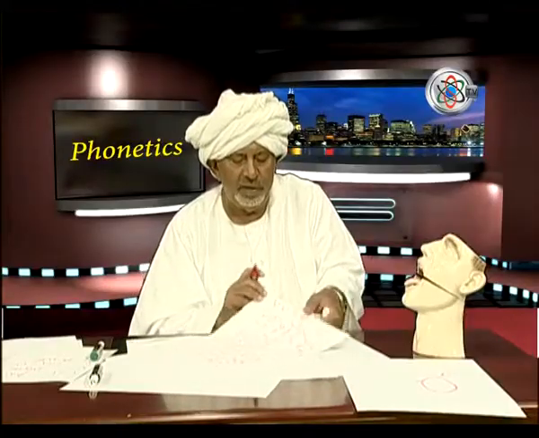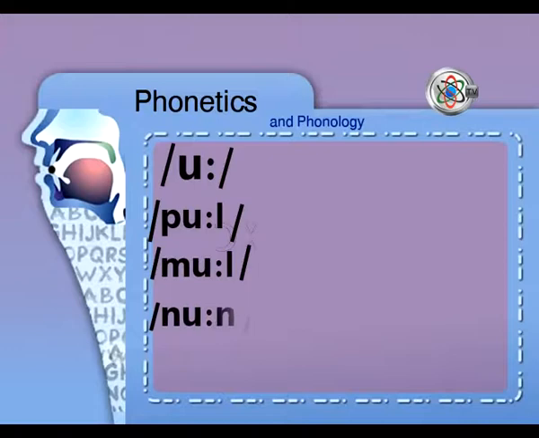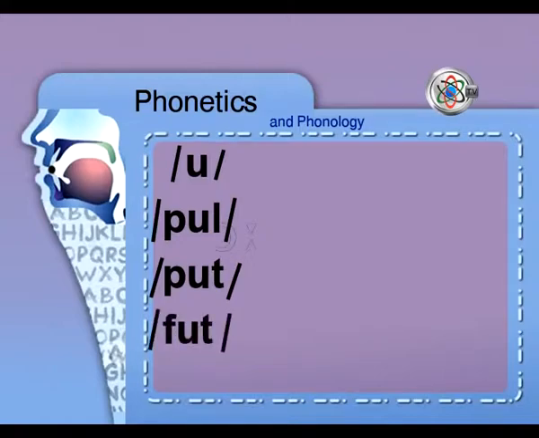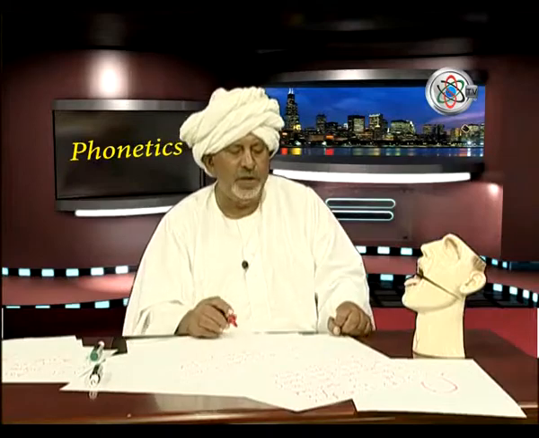And then you have oo: pool, moon, noon, school. What about the short one? Pull, put, foot, should, could, and so on. What about the schwa?